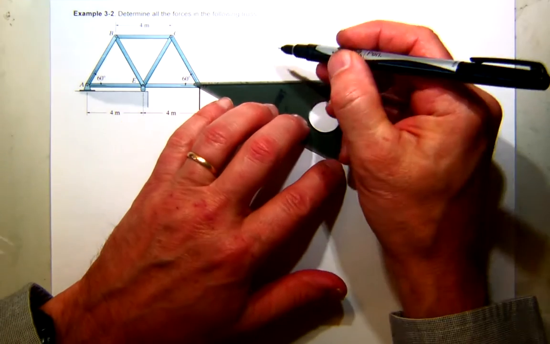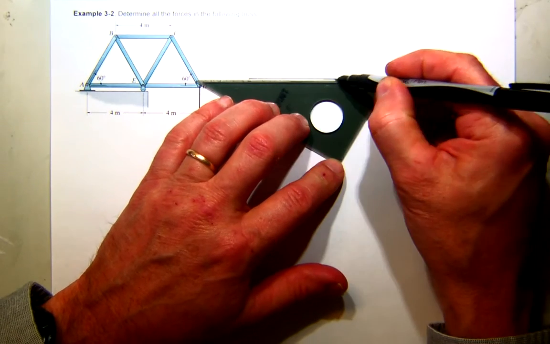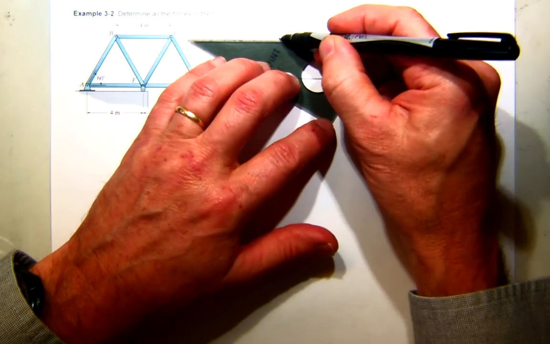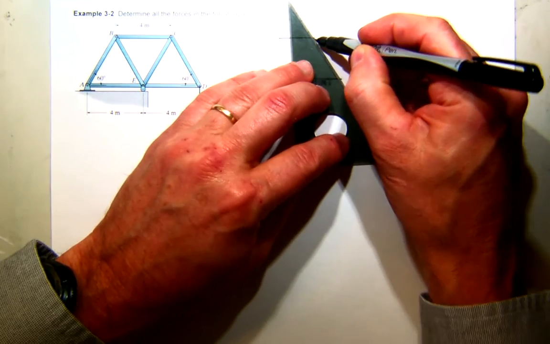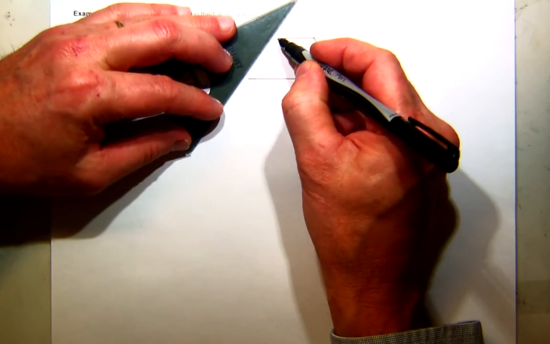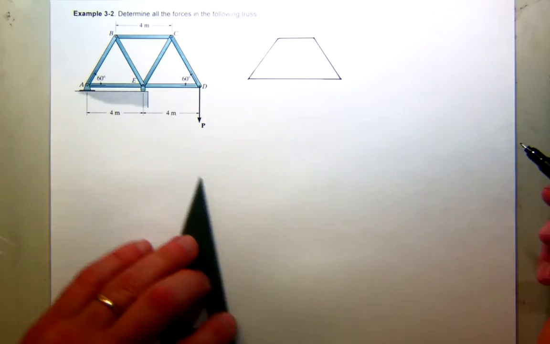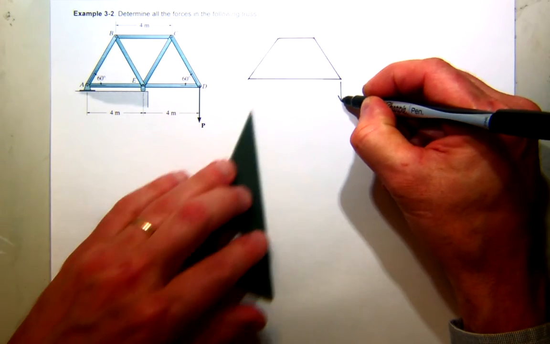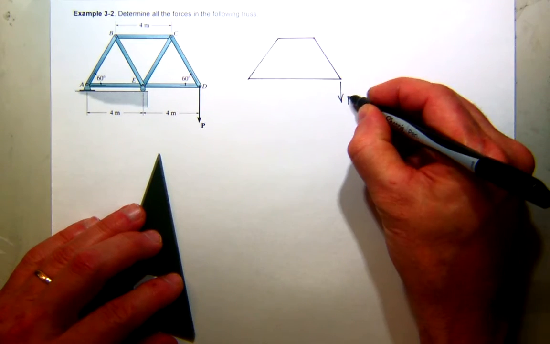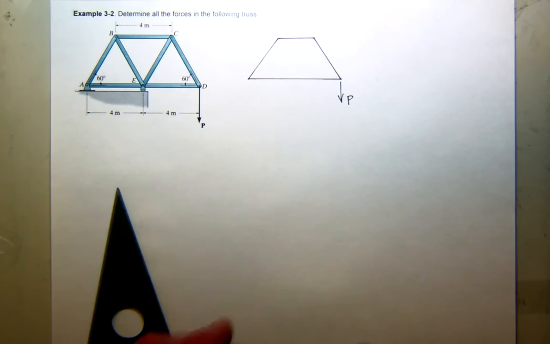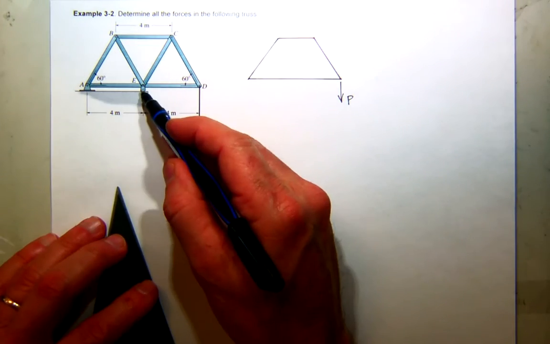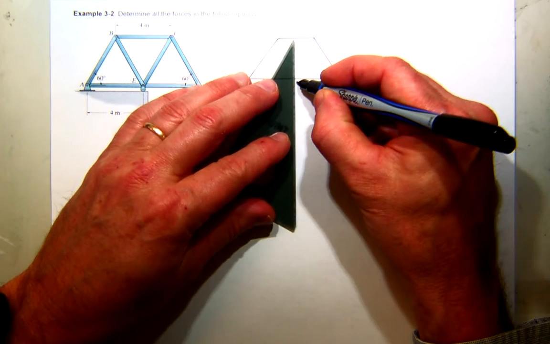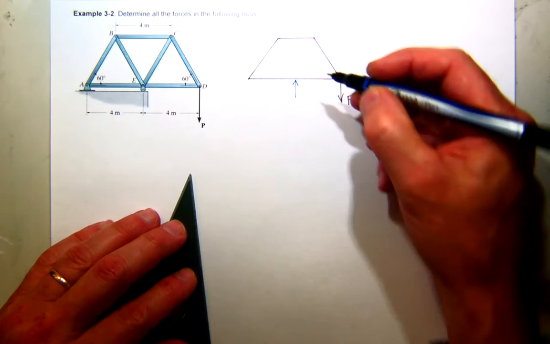So I'm going to quickly redraw the structure over here. I'm not going to worry about the internal configuration. Just going to kind of draw an outside envelope of the system. And then I'm going to show that I have a force P, and then at this rocker right in the middle, I'll assume I have a reaction.